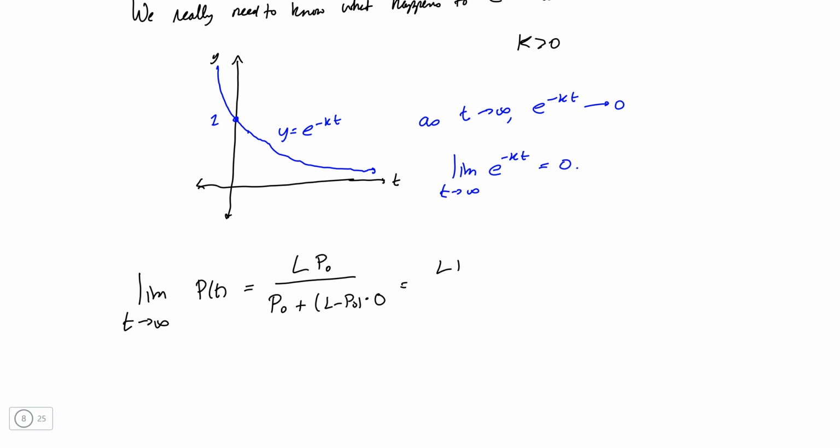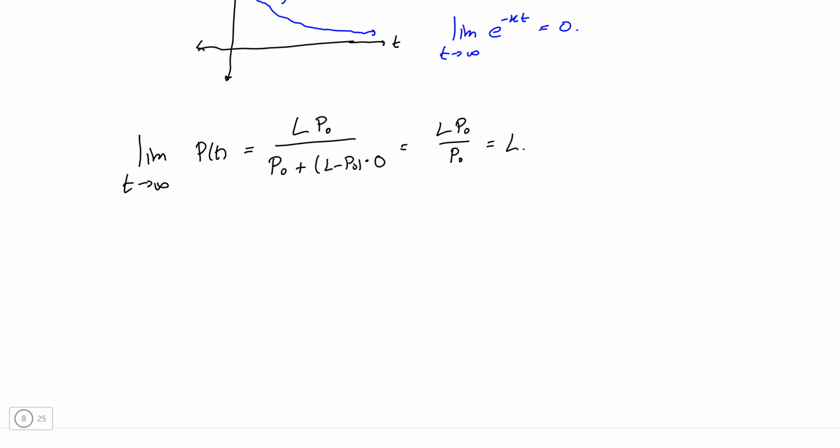So this is just L P0 over P0, which is L. So that L is the limit that our population approaches as t goes to infinity, the stable population as t goes towards infinity.